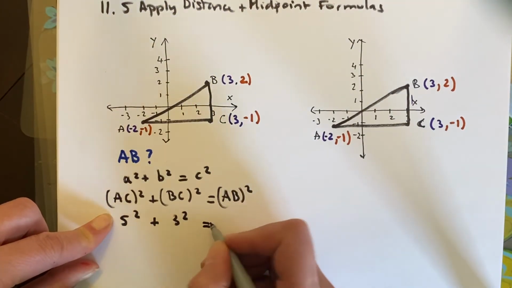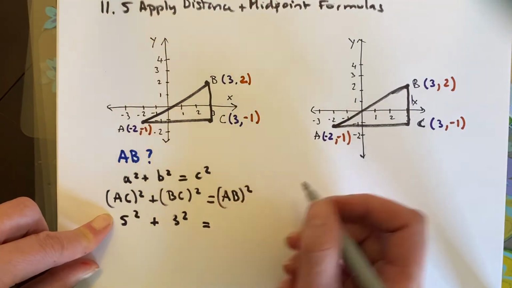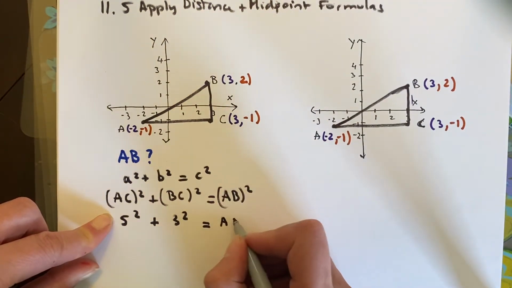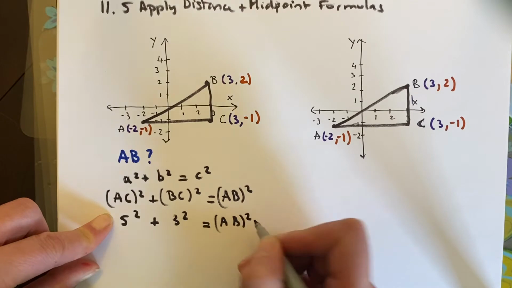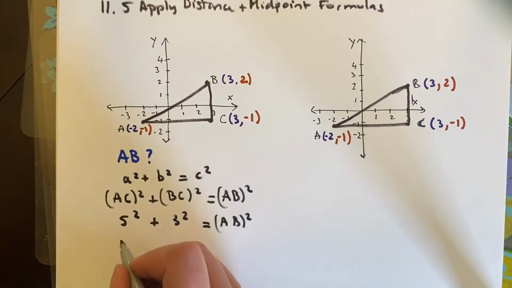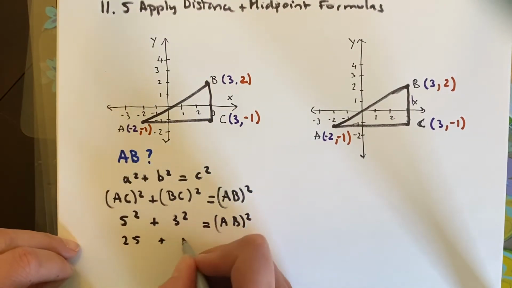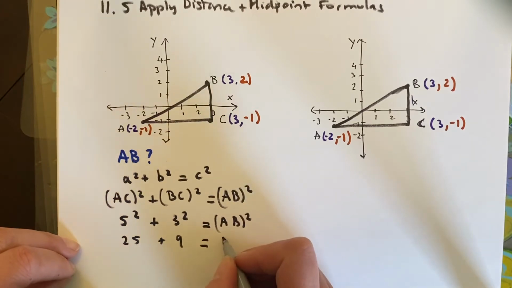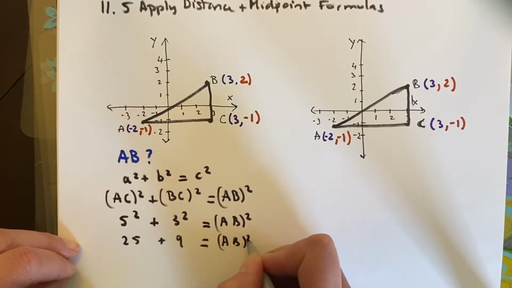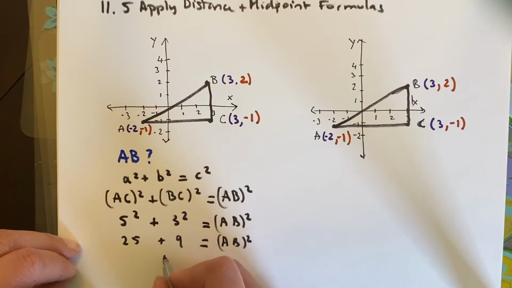3 squared equals, and this is my unknown, right? AB squared, that's what I want to find out. I get 25 plus 9 equals AB squared. If I add those together, I get 34.